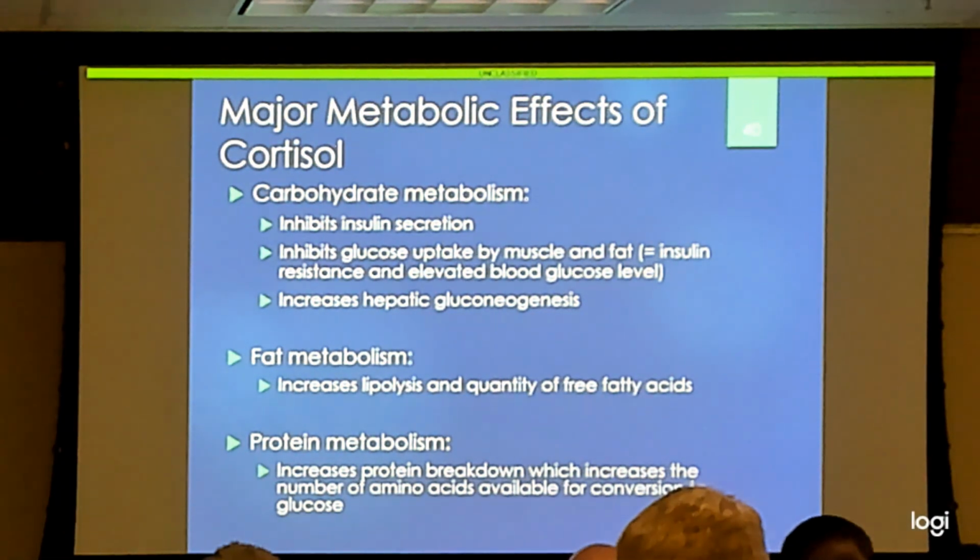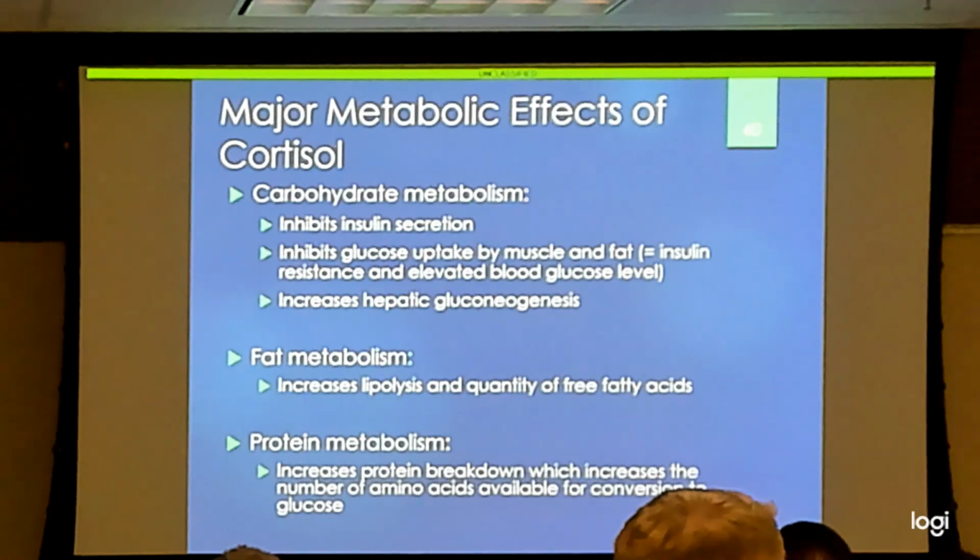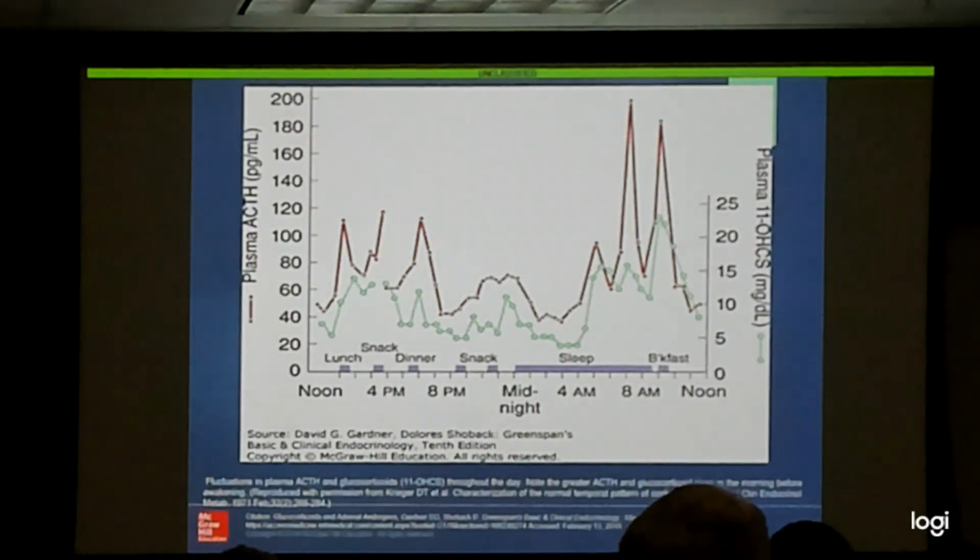It inhibits insulin secretion and also inhibits glucose uptake by the muscles and fat. So that's a buzzkill. I'm not making enough insulin, and then, by the way, I decrease the glucose uptake by muscle and fat, and you're at an elevated blood glucose level. Look at that, I come back down to normal. I think every healthy individual in this classroom comes back to normal.